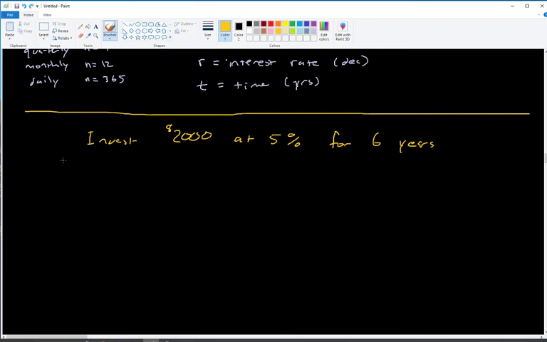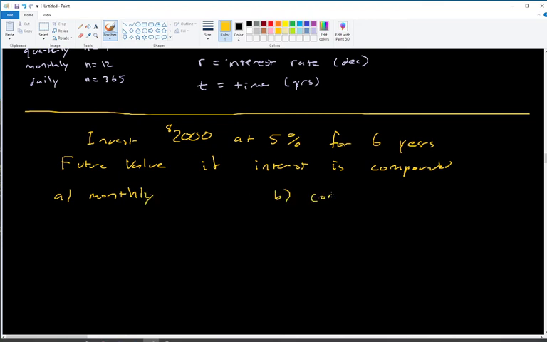So let's say what's the future value if interest is compounded in part A, we'll say monthly, and part B, we'll say continuously.